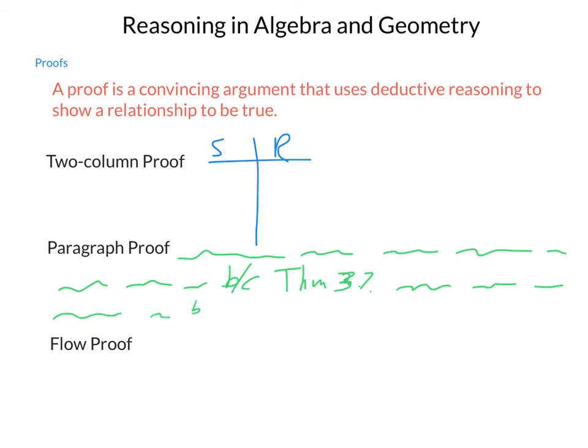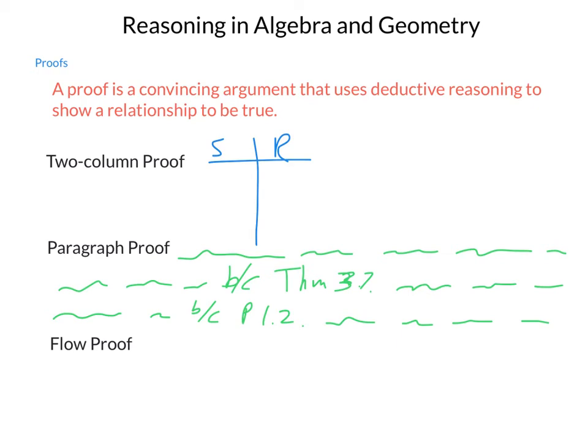And this is because of postulate 1.2. And we continue to go on until we've explained how to do the problem. Okay. Paragraph proofs take a little bit more time, I believe, to structure, but they read very nicely because it's just what you would do having a conversation.